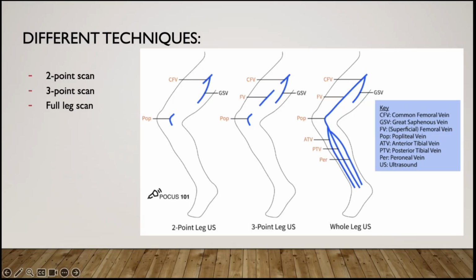However, this 3-point leg ultrasound has shown similar sensitivity and specificity to the whole leg ultrasound, and it's relatively quicker because you're only looking at 3 points. So it's definitely one way that you might be able to evaluate at least quickly and with pretty good outcomes.